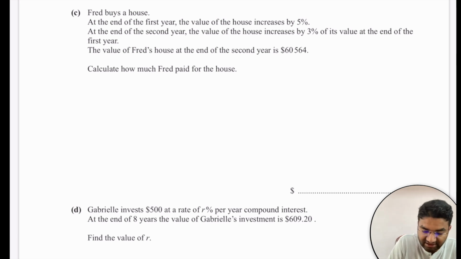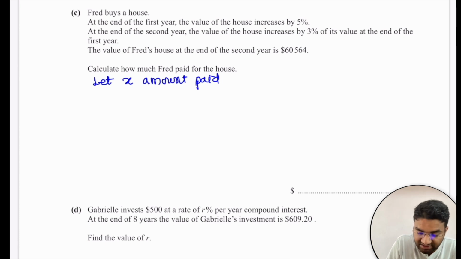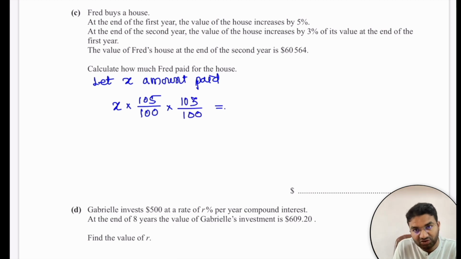Okay, so let's assume X amount he paid at the beginning, and this X amount increased, means the house value increased 5%, so 105 over 100, times, in the second year it increased, 103 over 100, and at the end of the 2 years its value is 60,564.